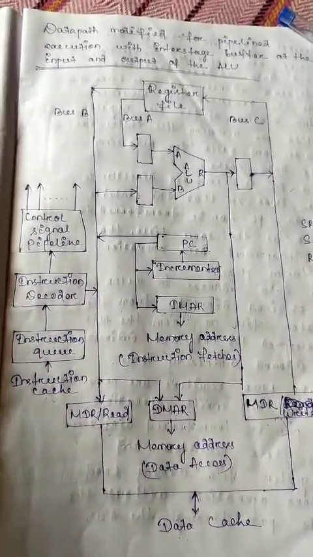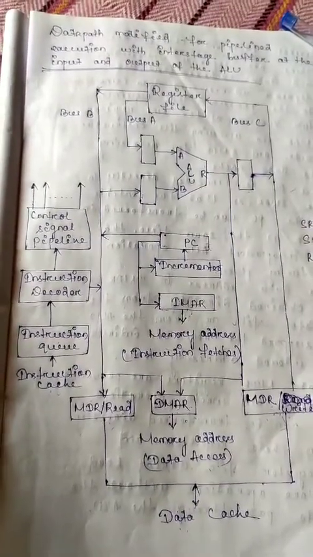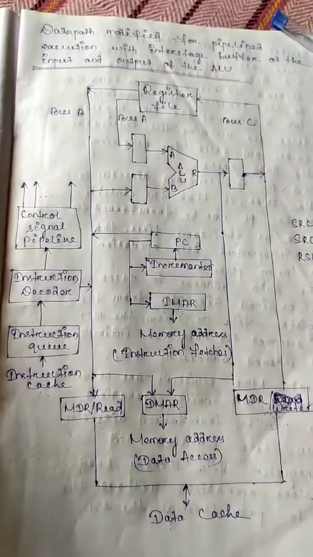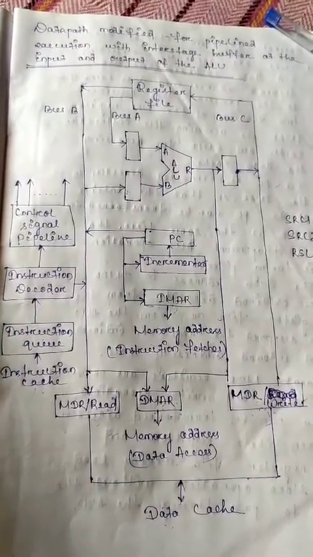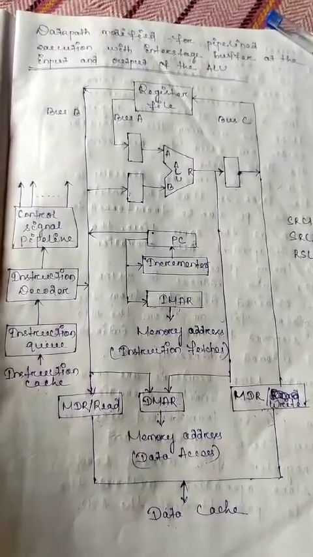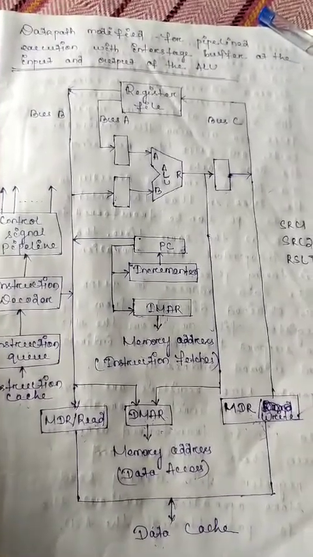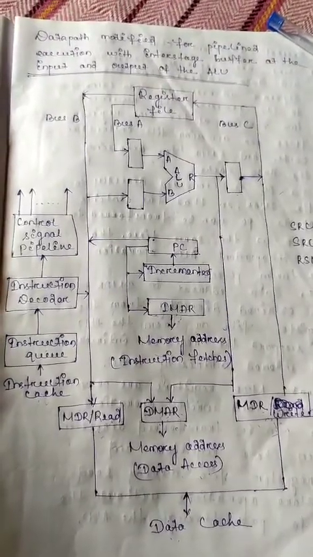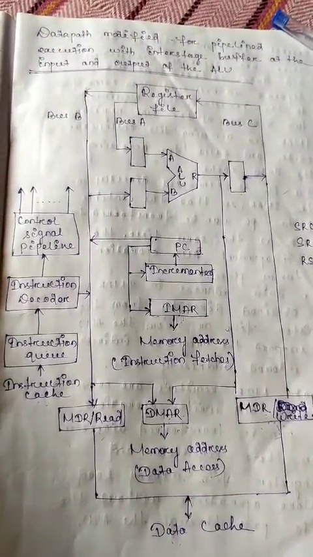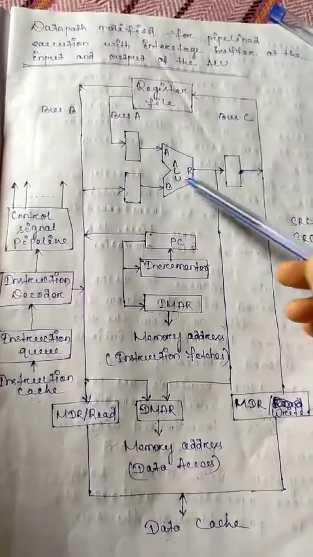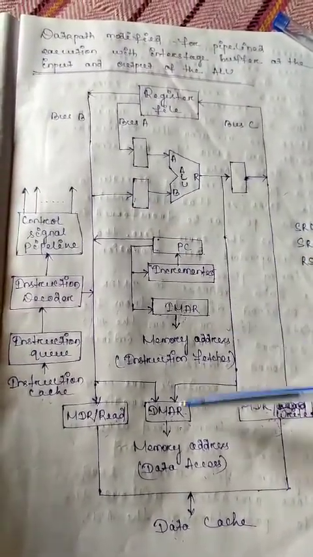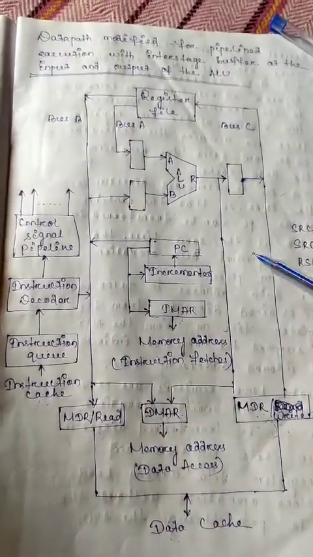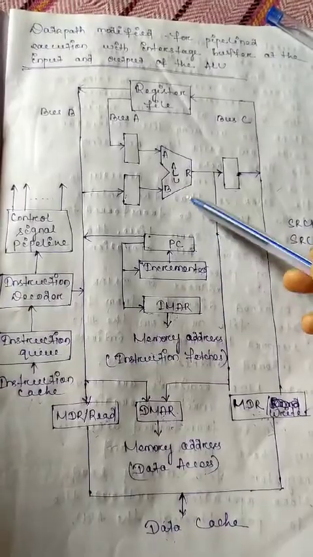So these are some modifications which we have done for pipeline execution. Basically the data path is modified, the contents are not modified. Only where we transmit the data and where the instruction is transmitted has changed. The main things are the interstage buffers, two IMAR and DMAR registers, two MDR registers, and the connection between the PC and ALU.